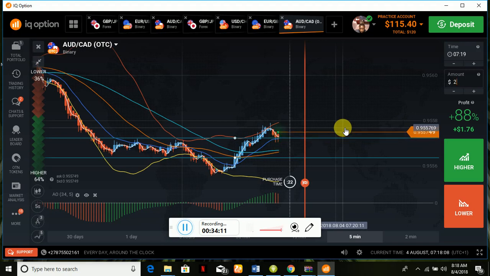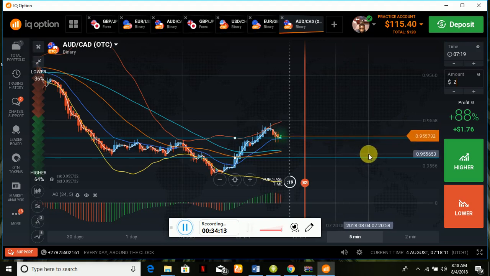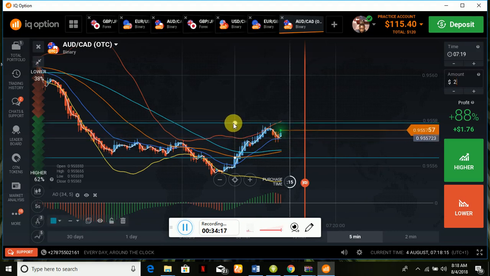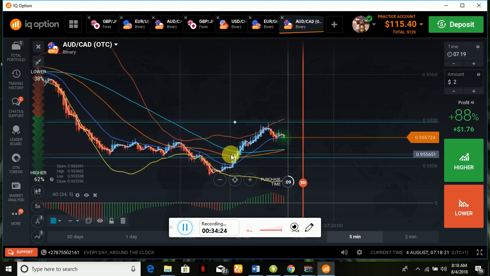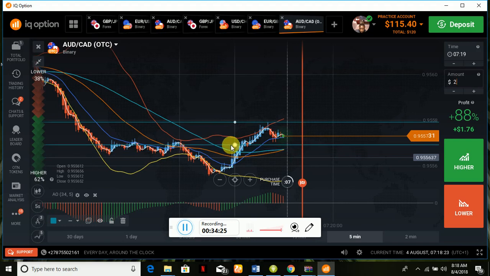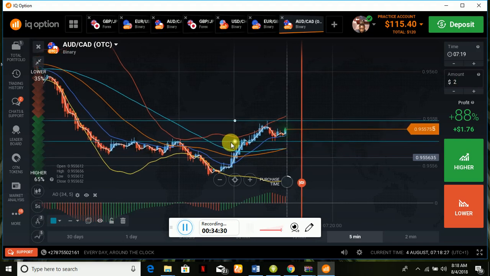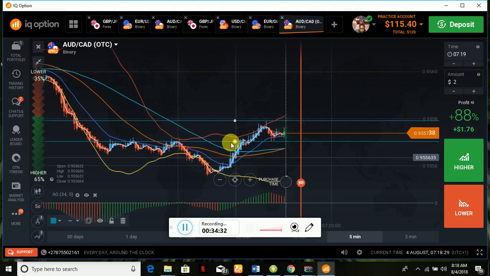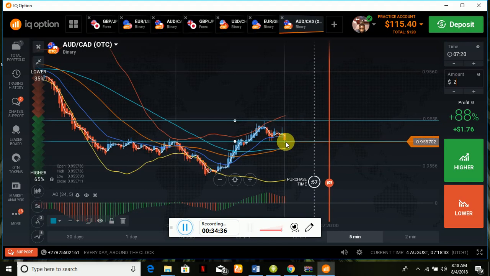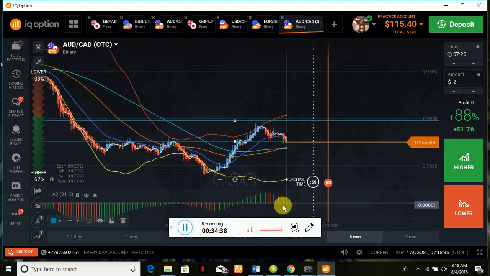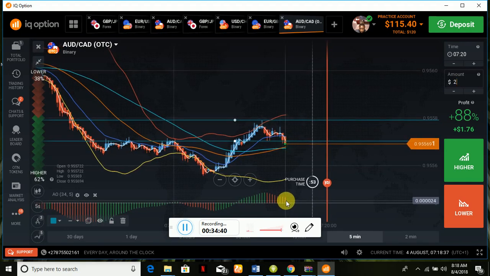Now we'll be using 2. And now you move your line there and your moving average line at the bottom also here. Now we wait. If it goes below this but hasn't gone below this, we won't be selling.